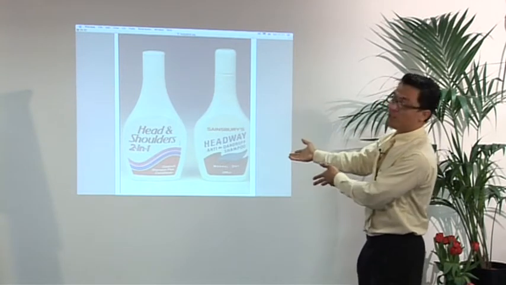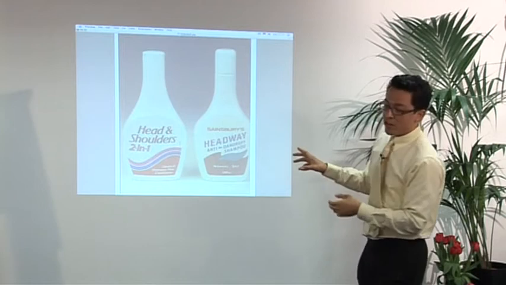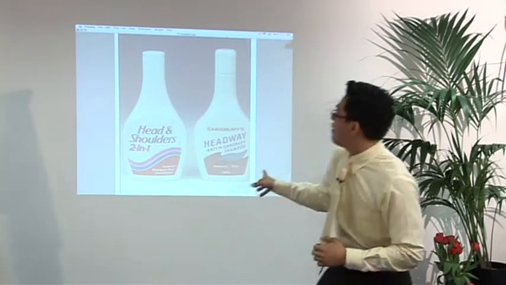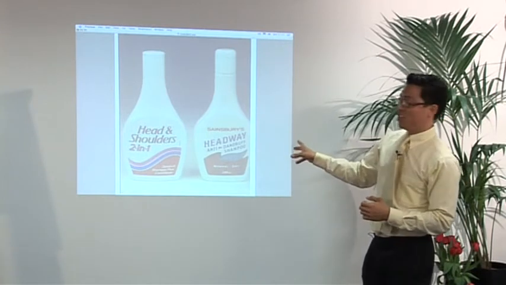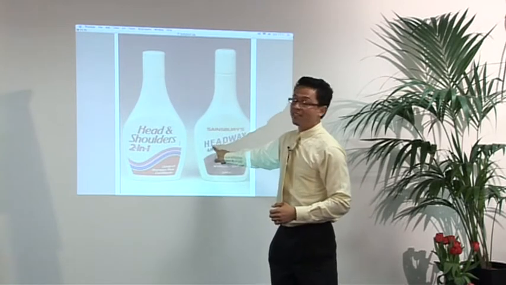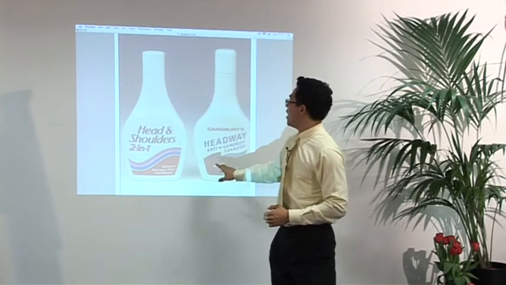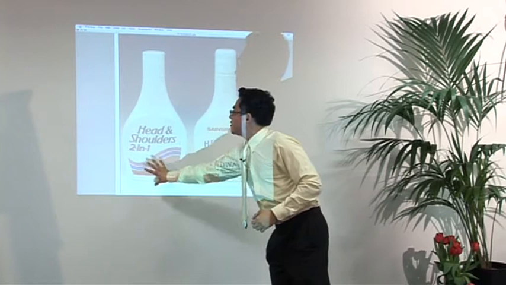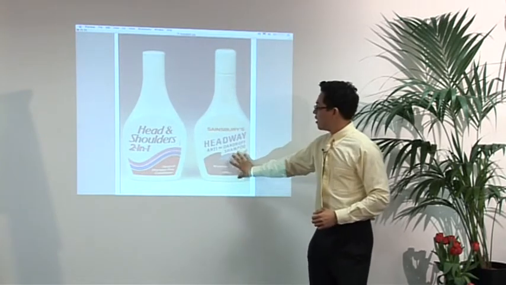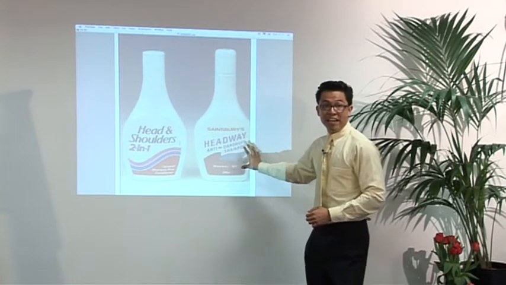Nevertheless, the shape was copied, and also certain elements of the visual appearance and the size of it were copied. As you can see, for example, Head and Shoulders is very similar to Headway, right? And this combination of colours was also sort of copied on the fake product.